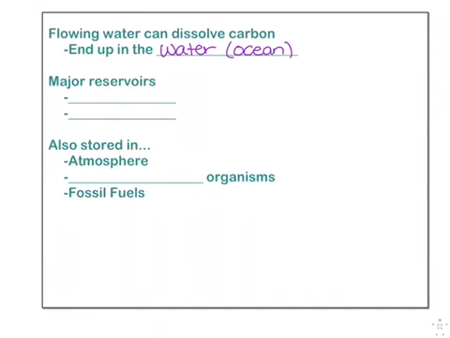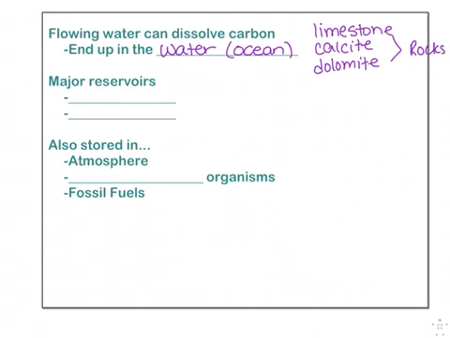So in Minnesota, especially southern Minnesota, we have a lot of limestone and calcite and dolomite. And these are all types of rocks. And all of these rocks contain carbon in some form. Carbon is an element that makes up all three of these rock types. And all three of these rock types are very soft in terms of rock.